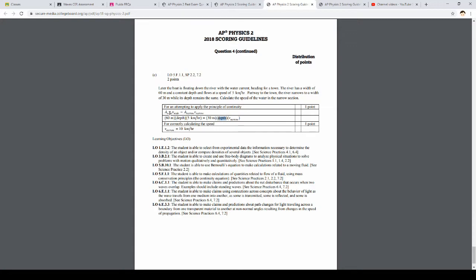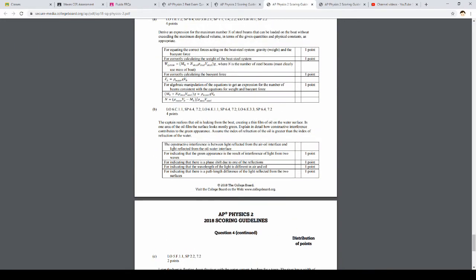You do not need to convert your kilometers per hour to meters per second because this equation is a proportionality. As long as we're still using kilometers per hour, our answer is going to be in kilometers per hour. So you have to use the continuity equation, and you have to get the right answer to earn the full credit.